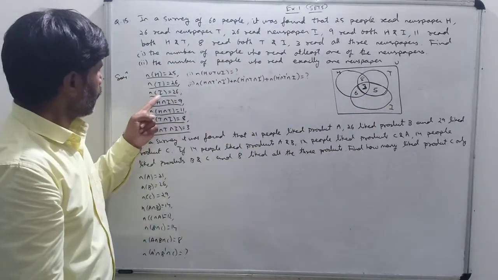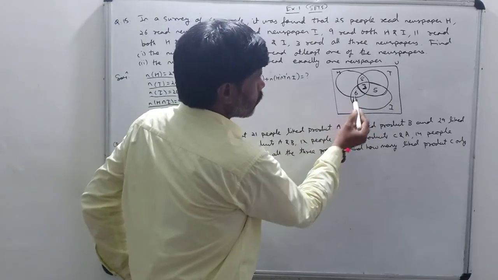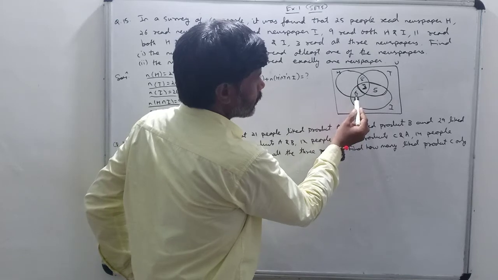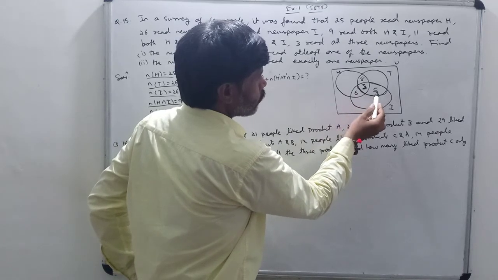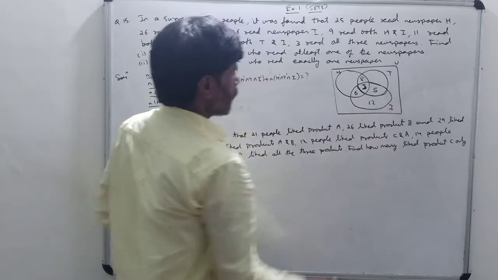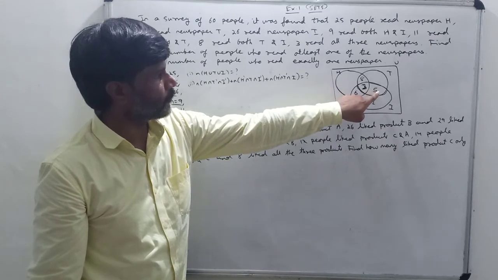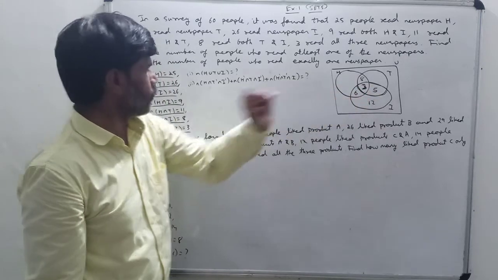Then I, total is 26. So out of 26, you minus 6, that is 20. 20 minus 5, 15. 15 minus 3, 12. Again I'll check. 26 minus 6, 20. 20 minus 5, 15. 15 minus 3, 12. Okay, done.